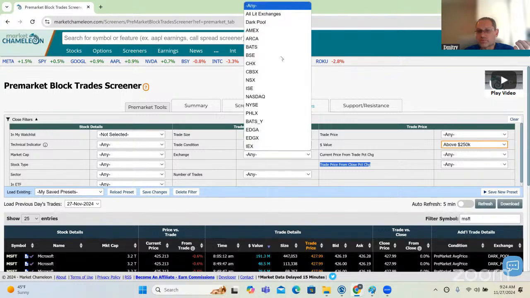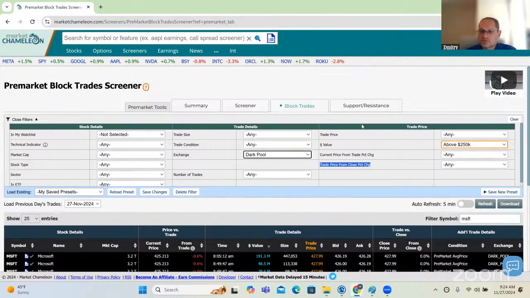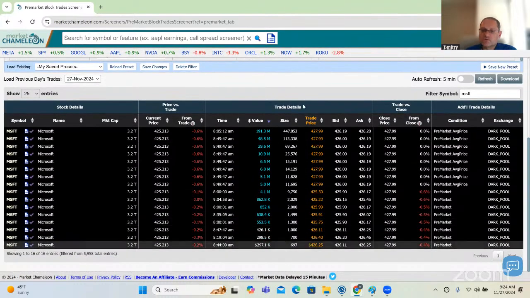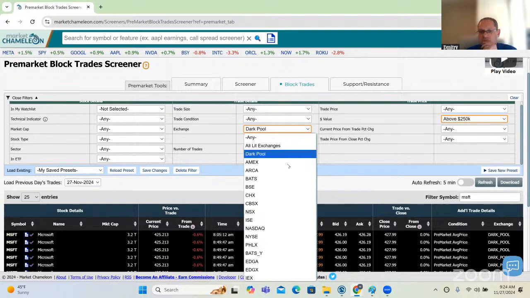We could also look by exchange. If you wanted to isolate a specific exchange, we could do just dark pool, so these will only show us dark pool trades in Microsoft. We could also look at whether anything is happening on the New York Stock Exchange, or ARCA. Let's do ARCA.